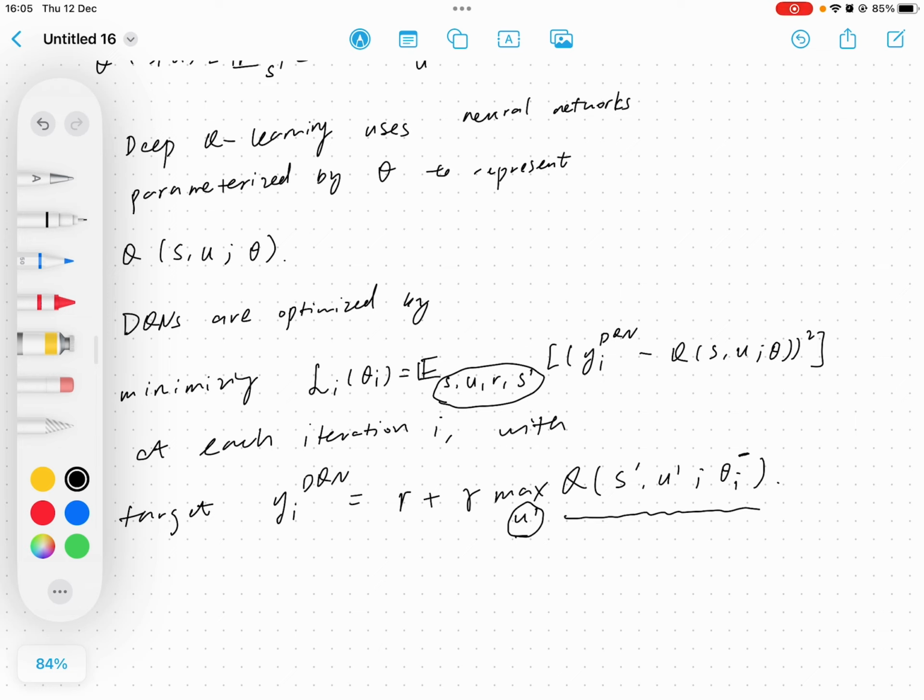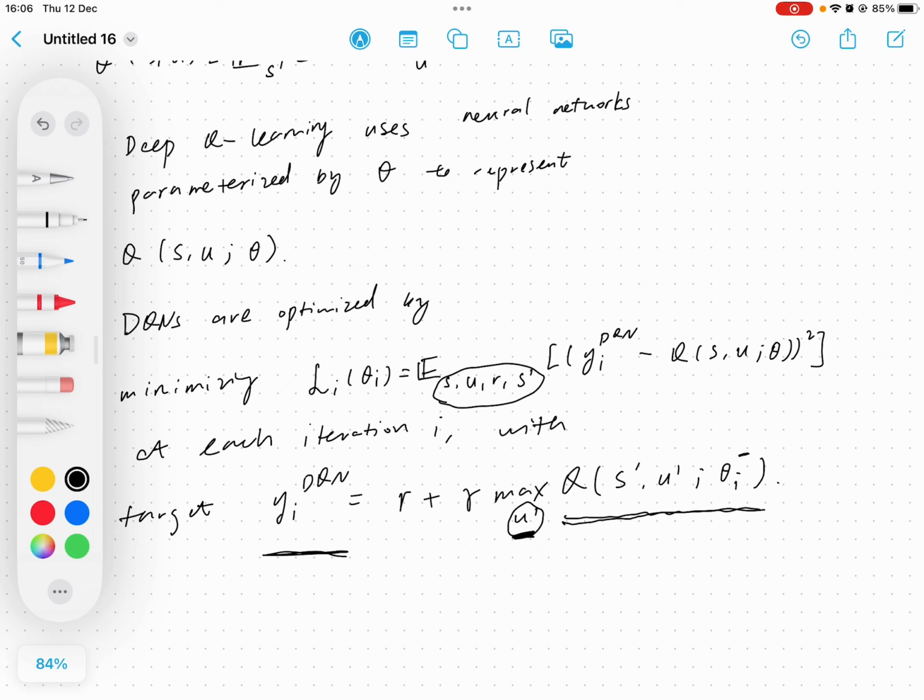And here, what we obtain for this y_i DQN, this target value, is essentially looking forward. When we're calculating this target value, we have some information from the future, namely all those different combinations of U prime and S prime.